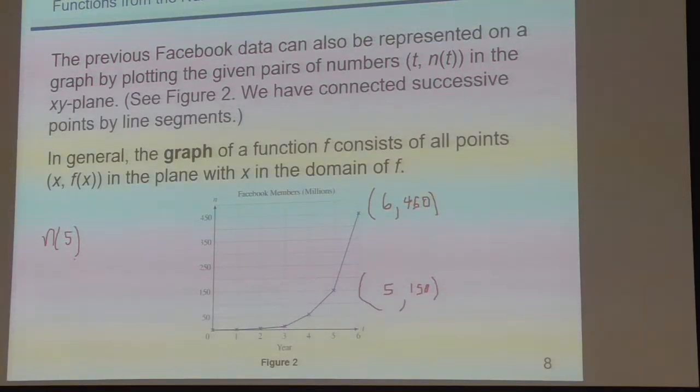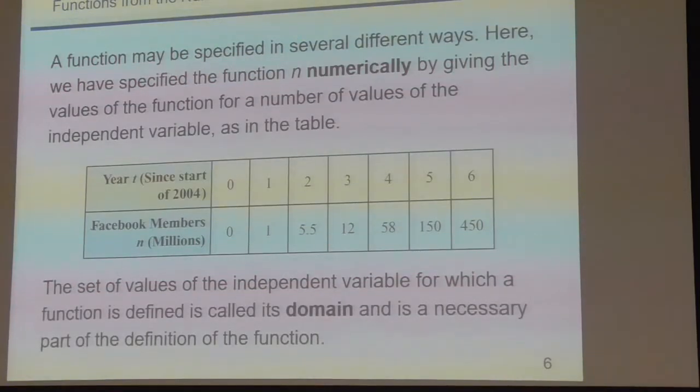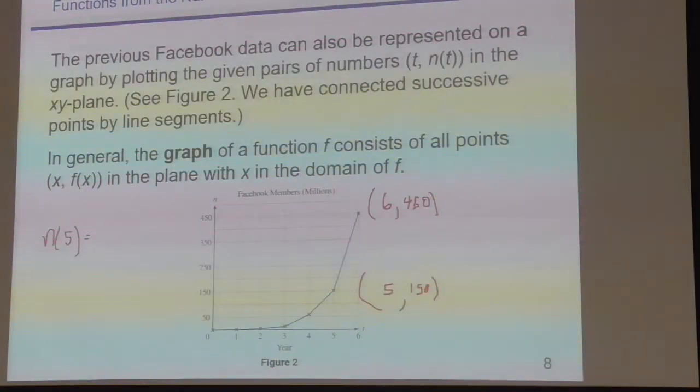That means the number of Facebook users at time t equals 5. You can go back and check. N of 5 is 150, so I can write N of 5 equals 150. Everyone agree with that?